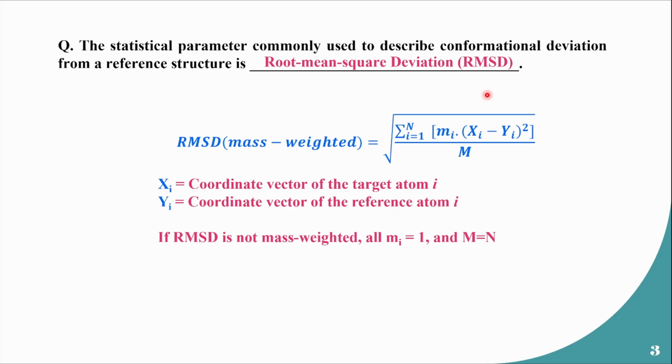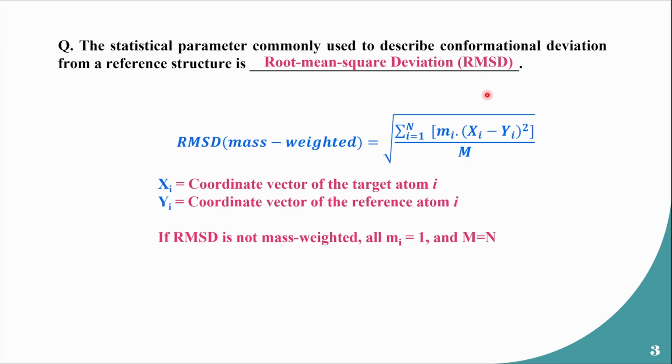And one particular statistical parameter can be used to characterize the protein folding, whether there is any significant change between different states. It can also allow you to assess the compactness of a structure overall.